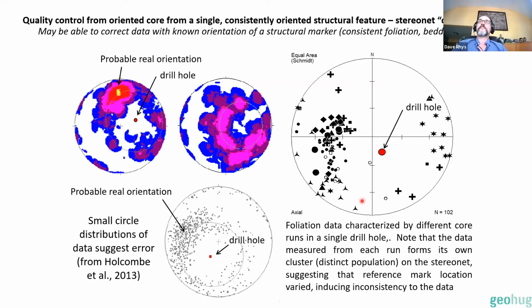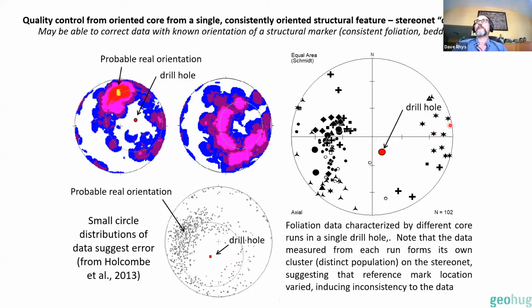This was a project a few years back I worked on up in Northern Canada, where we basically tagged a common structural feature, which was foliation in this case, by drill run, and you could see that rotation. Each run has a different cluster. At least each cluster is consistent, but it was rotating around the drill hole. So in a case like this, if you have a consistent foliation, even if you have a problem like this, you can recognize it.